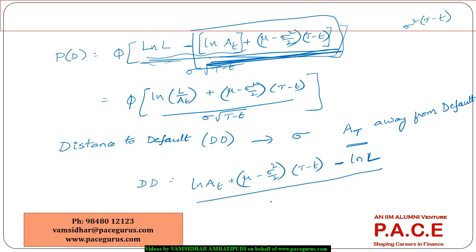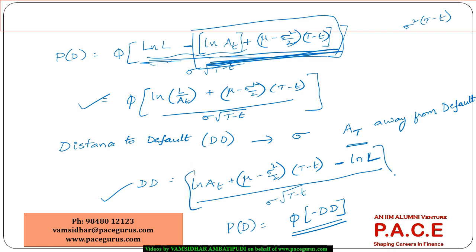So we are adjusting it with respect to the standard deviation, and this gives me the distance to default. If I link this equation with the earlier equation, the probability of default is nothing but the standard normal distribution value associated with minus the distance to default, because it's just the negative of this. So the probability of default directly comes from the negative of the distance to default.